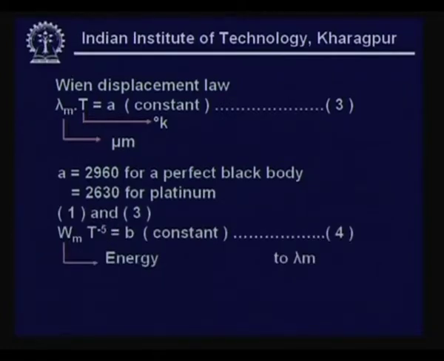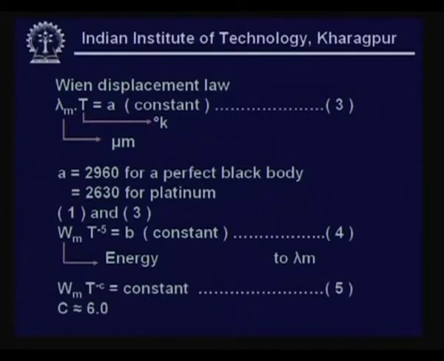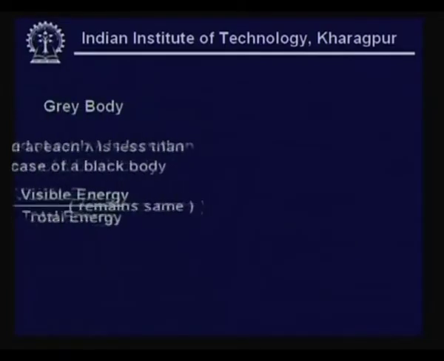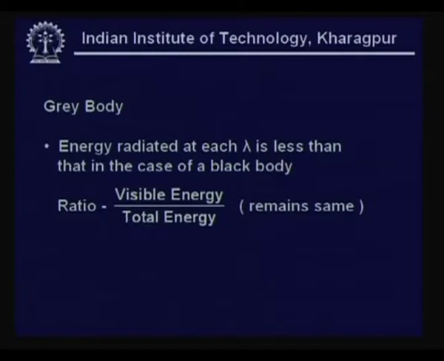Combining these two, one gets that Wm, corresponding to the relative energy at the maximum, lambda into T to the power minus 5, is a constant B. Now this constant is known to be 6 for most of the things.